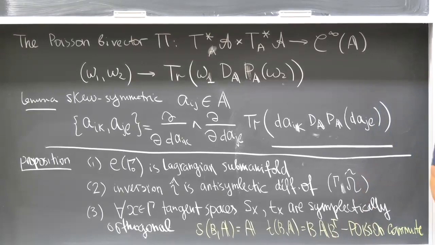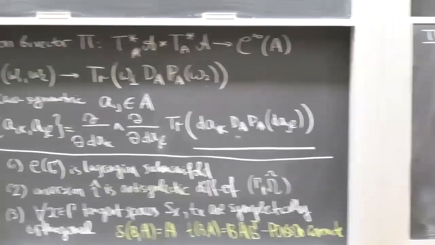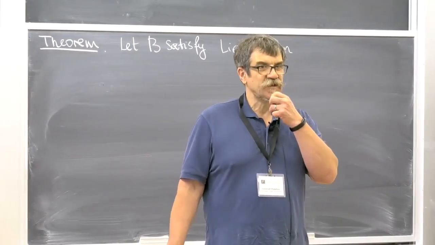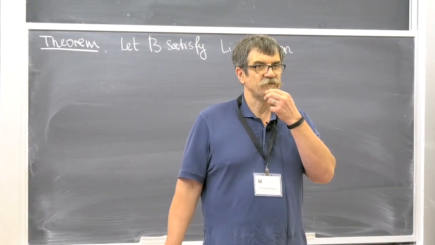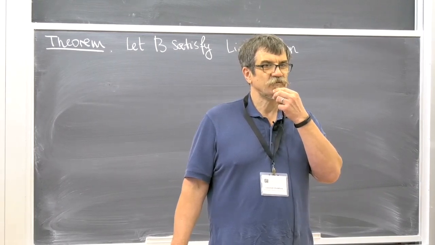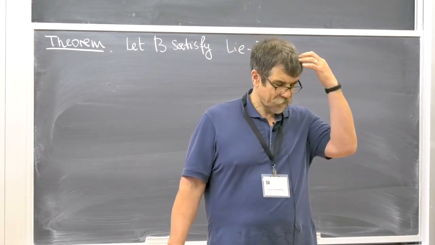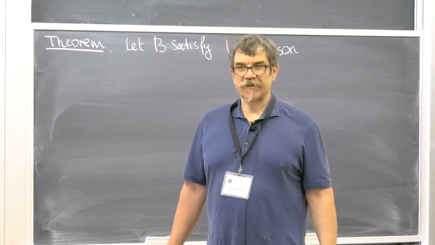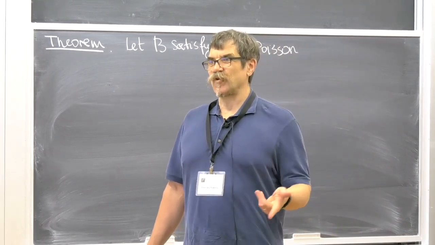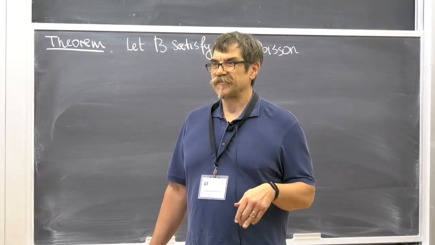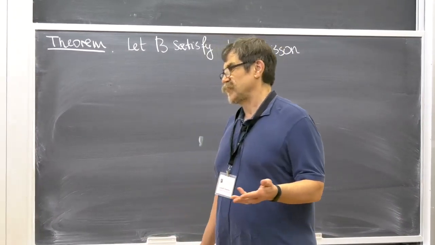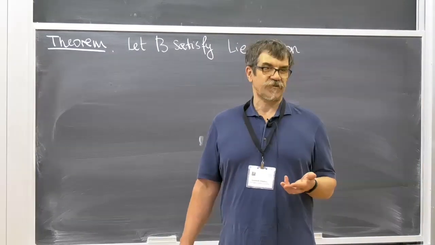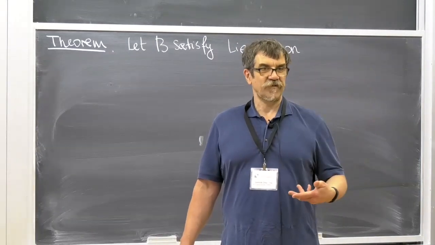I think the first were Klimik and, who else? Also a Ukrainian guy. I'm getting older. But it's also Klimik, Dubrovin, Ugalya. Then from a more mathematical side, and from the physics side, they are also called Nelson-Regge algebras. And they are all the same.